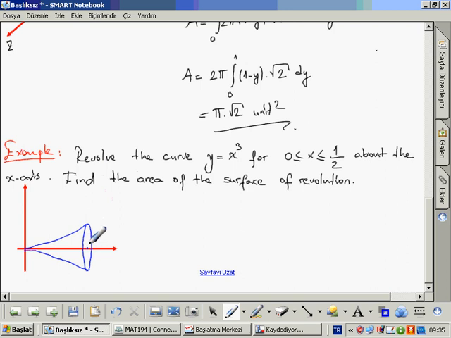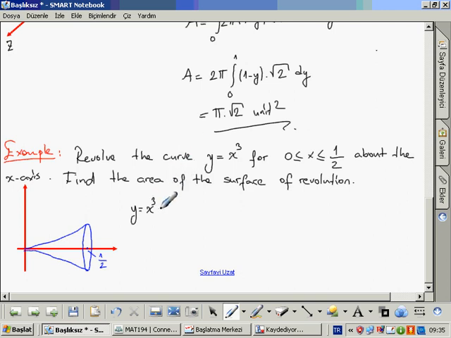Okay, and this point is 1 over 2. Okay, and y equals x cube.